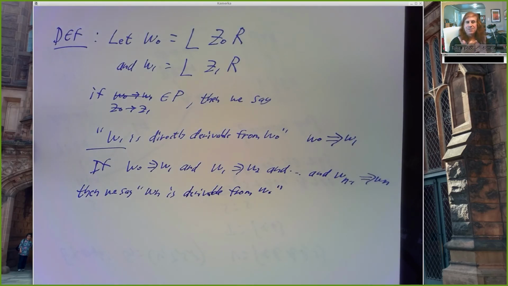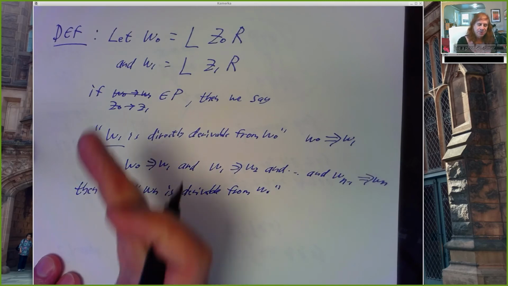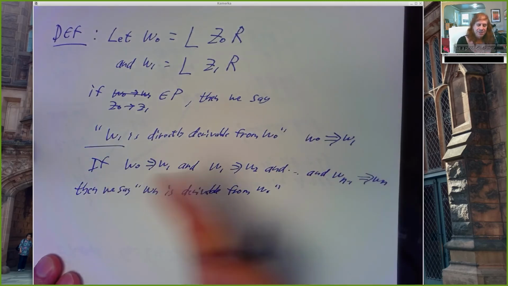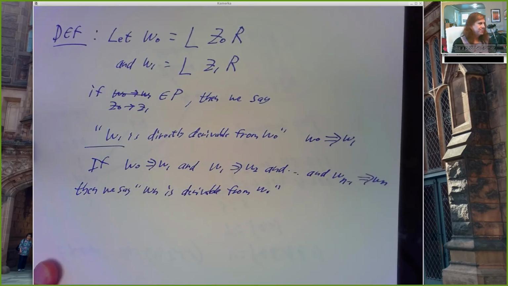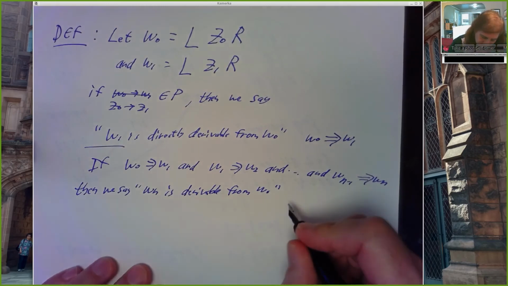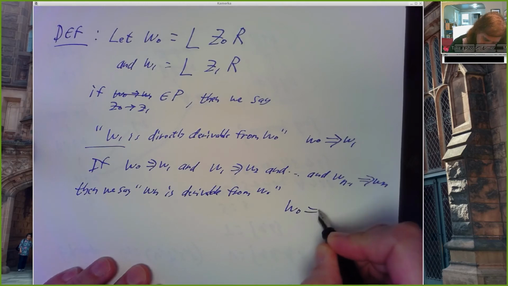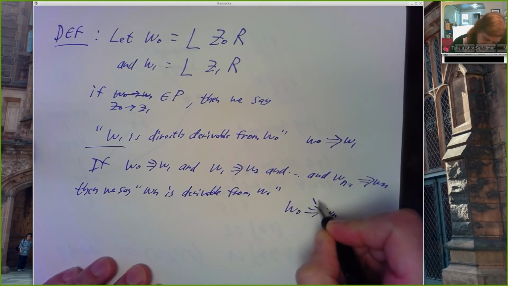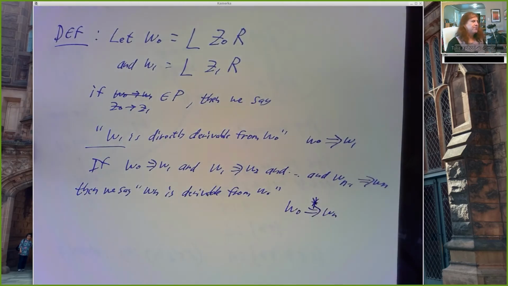So not necessarily directly derivable, but through a chain of direct derivations we can get from W0 to Wn, we say Wn is derivable from W0. And we write that as W0 arrow Wn, but we put a little star on top of the arrow.